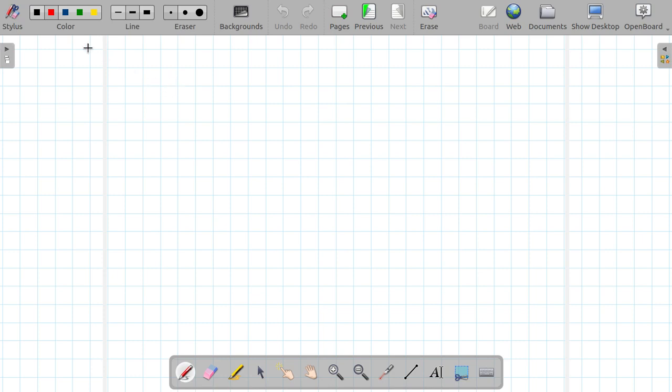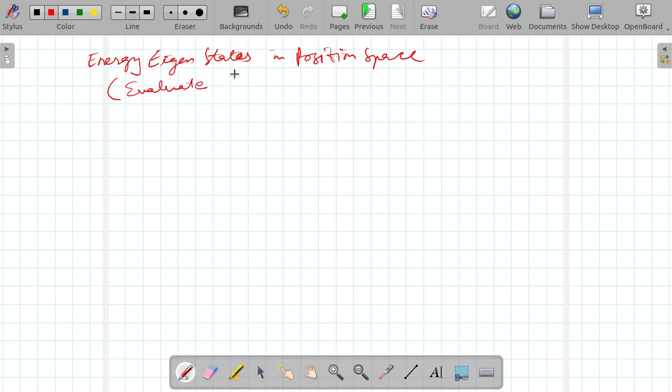In this lecture, I will try to calculate the energy eigenstates in position space, in other words, the evaluation of the wave function.